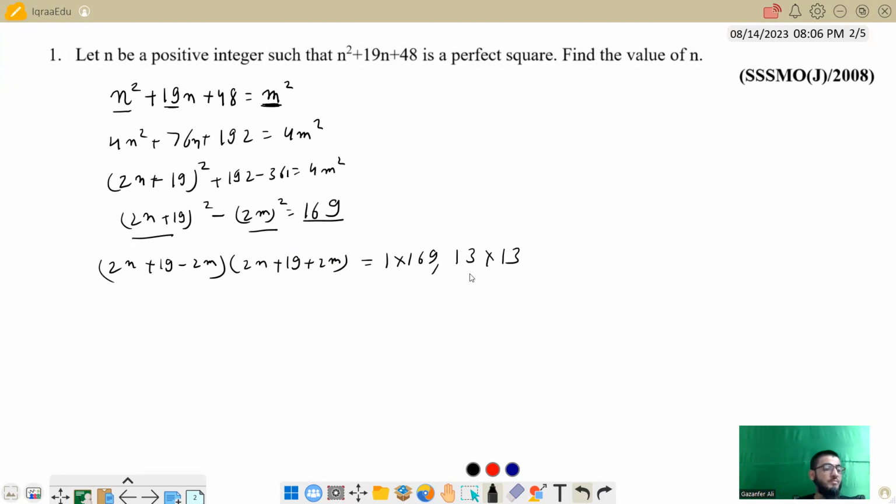What else can we do? You take 2n plus 19 minus 2m is equal to 1, and 2n plus 19 plus 2m is equal to 169.